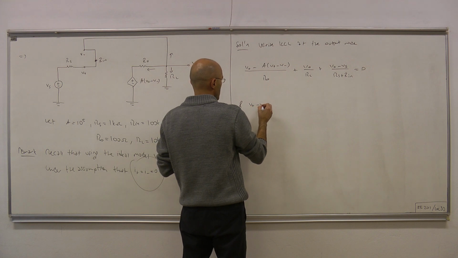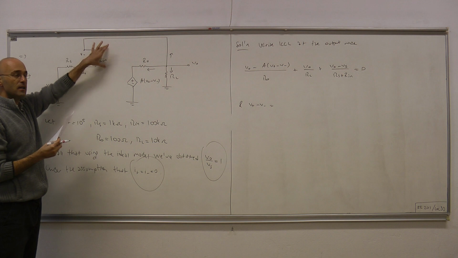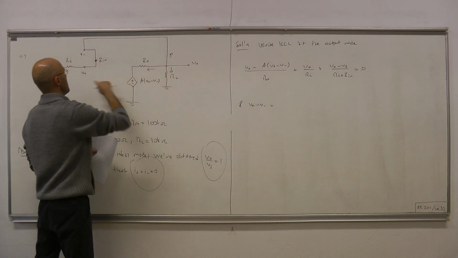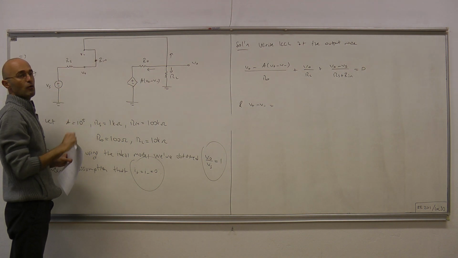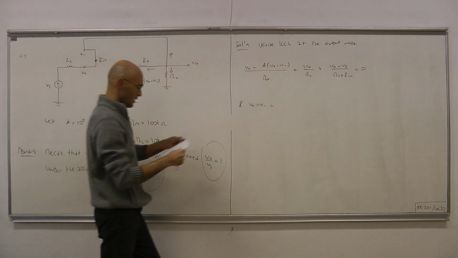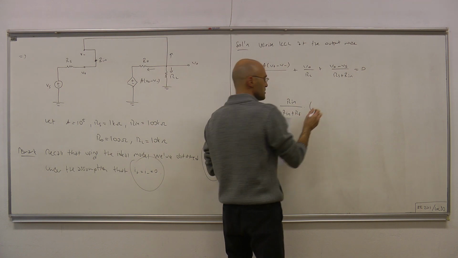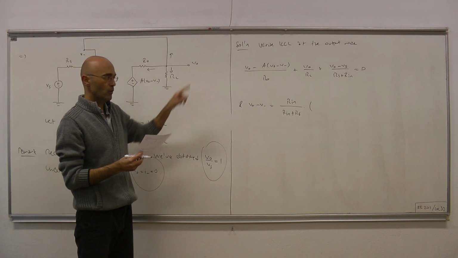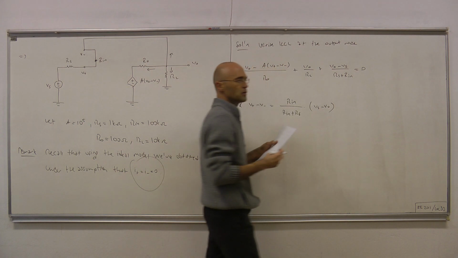Also, V plus minus V minus equals the voltage drop here, which equals Vs minus V out, and for that difference of voltages, you can apply voltage division. This is what we have: Rin divided by Rin plus Rs times the voltage difference between this node and that node, which is Vs minus V out.